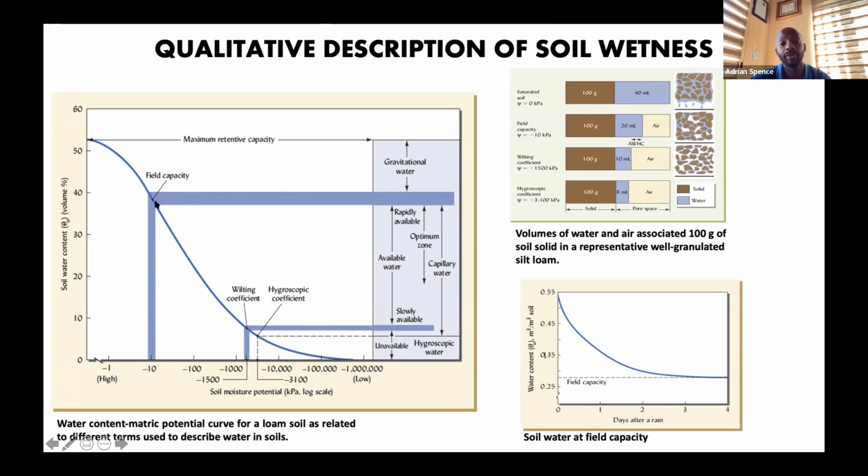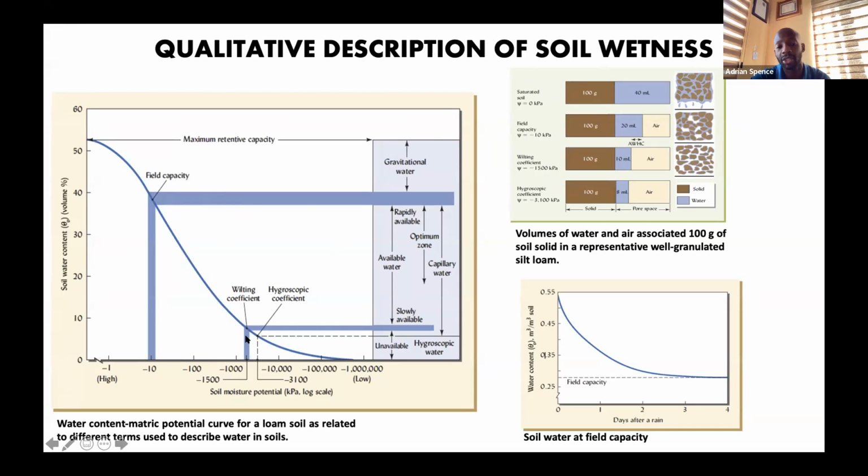Right? Now further draining, so if you had a nude soil, there's no vegetation, water will continue to leave that soil through evaporation. So more water is being removed from your small pore spaces, and then it takes it down to a point that you call your wilting coefficient.